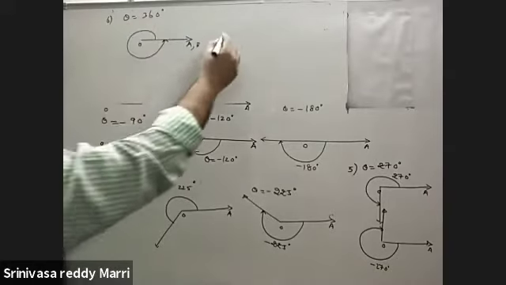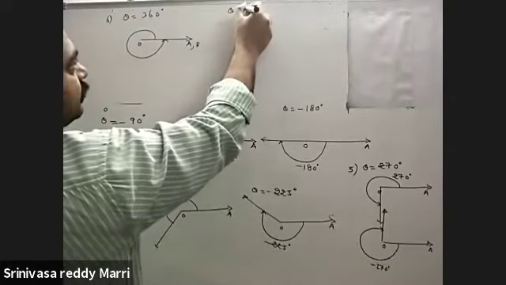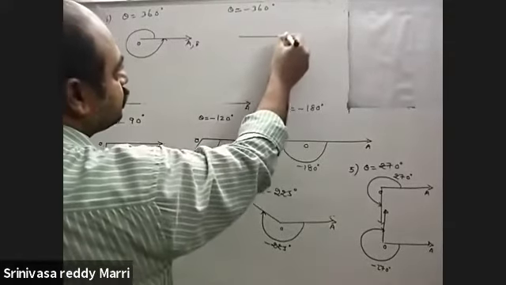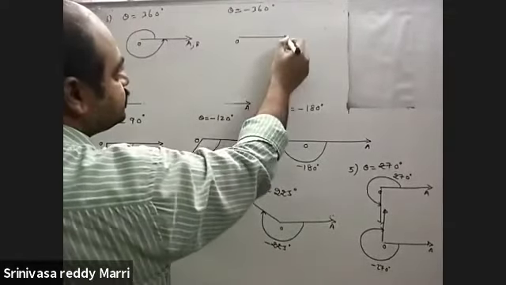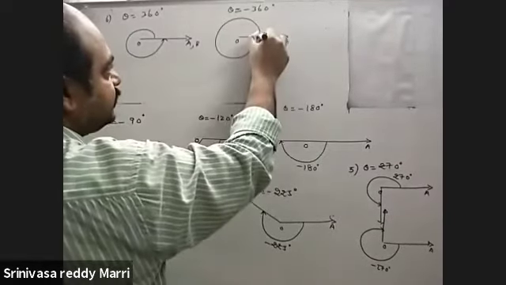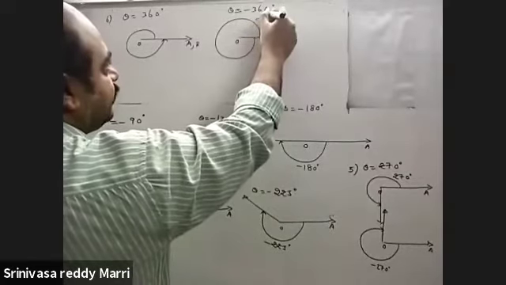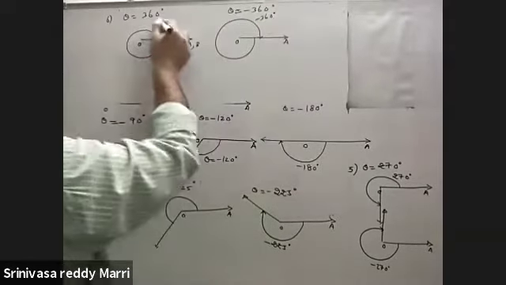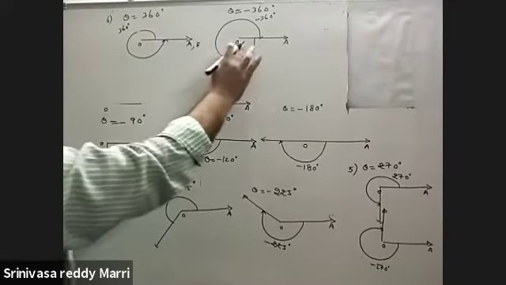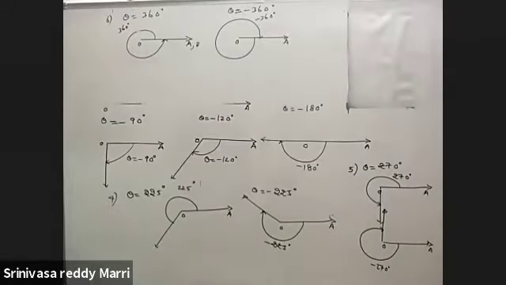This angle is called 360 degree. Suppose minus 360 degree. This is OA and we will measure like this. If you measure like this, the angle is minus 360 degree.